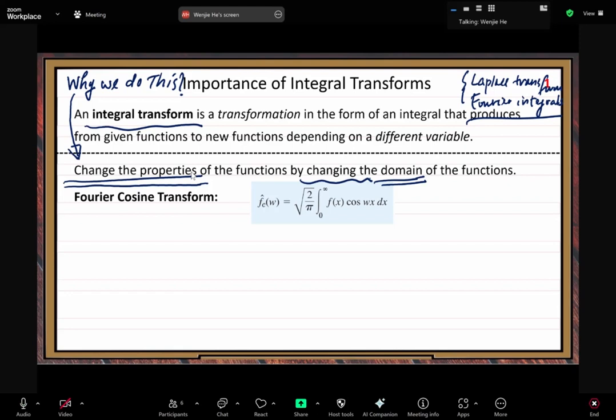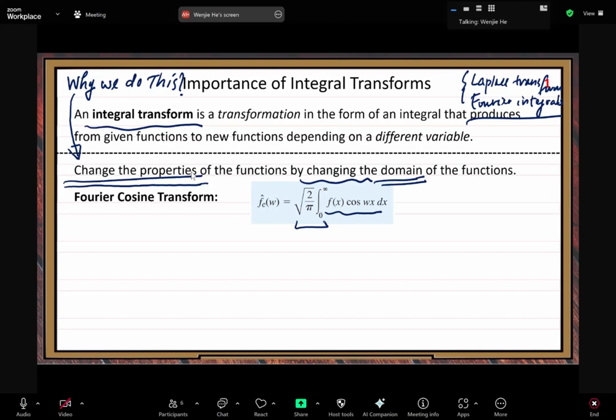Slightly different, but the main part is the same. Other places are slightly different. So you can say you are inspired by the Fourier integral. You define this Fourier cosine transform by inspiration from the Fourier cosine integral. So you define it in this way.